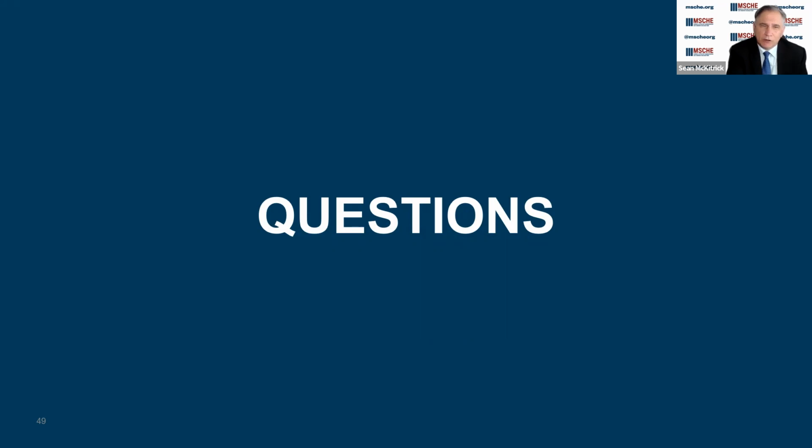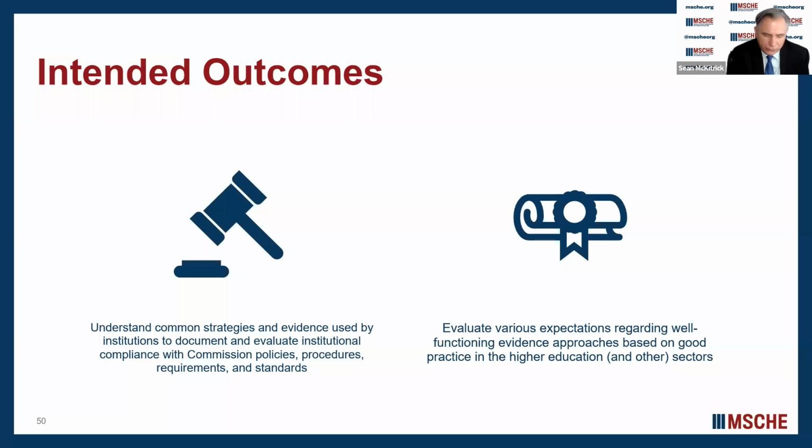So let's review our learning outcomes a little bit, if we can. Our learning outcomes were to introduce or understand common strategies and evidence as it pertains to the evidence inventory, particularly emphasis on policies, procedures, requirements, and standards, and then various expectations regarding well-functioning evidence approaches.